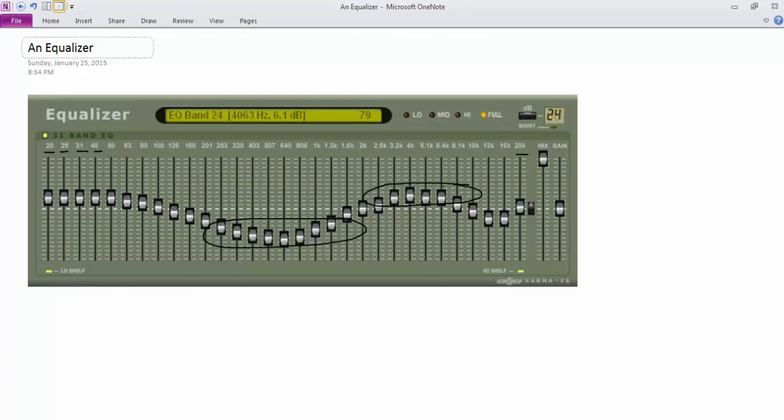But it cannot bring back the frequencies that were never in the input song to begin with. Okay? If your input song was recorded where it had no frequencies above 10 kilohertz, no matter what you do with your equalizer, it's not going to add 10 kilohertz or 15 kilohertz frequencies. Okay?